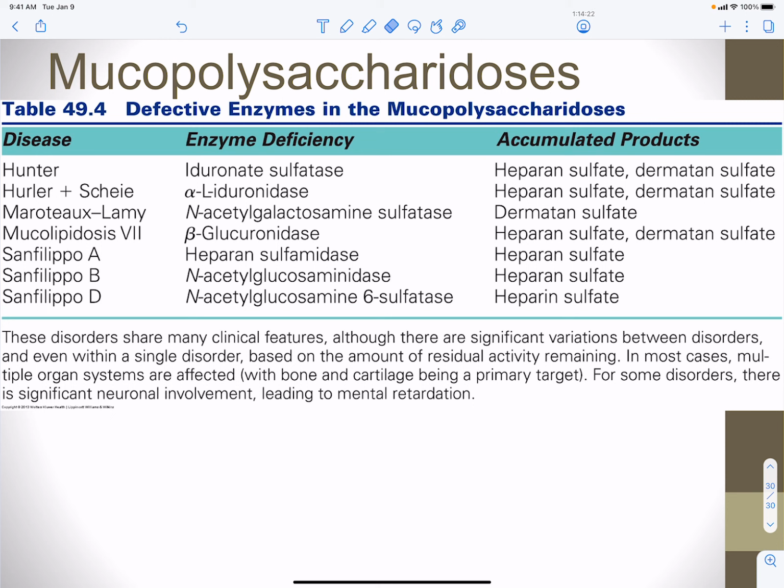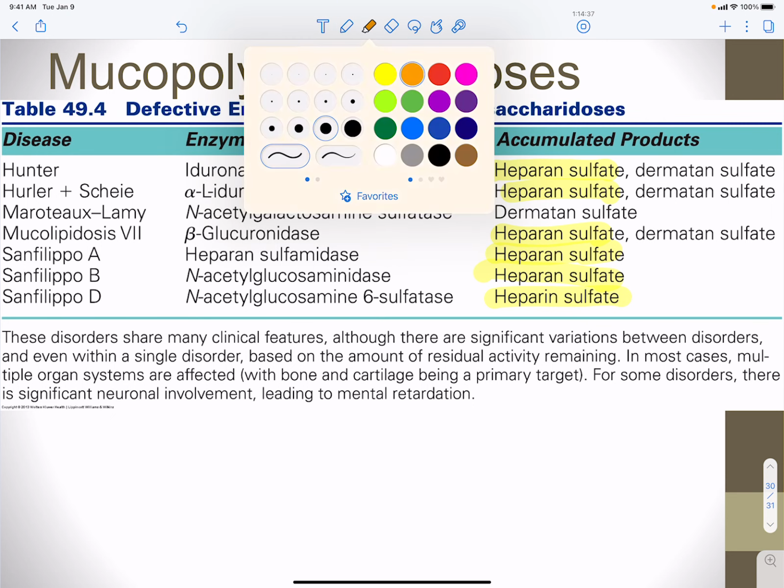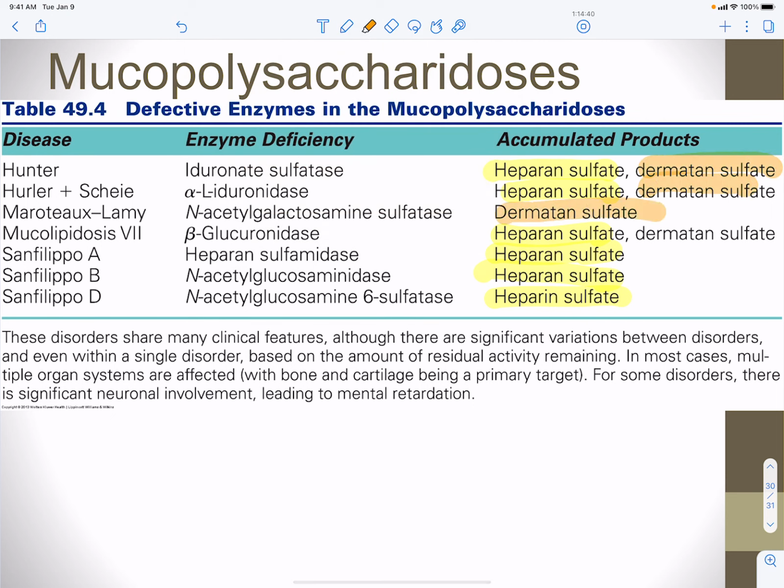And you can see here that the products that are accumulating are those products that we just talked about. Proteoglycans, you have your heparan sulfate, you have your dermatan sulfate, a different color. And so these are going to accumulate, and there are various deficiencies of the different enzymes, and the diseases are given different names. Sanfilippo A is going to be the most severe.